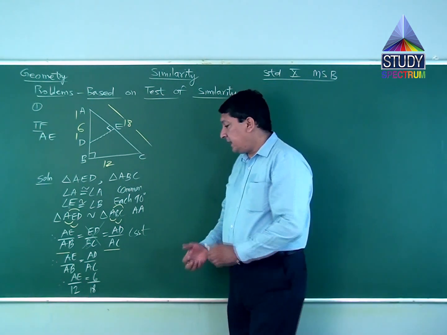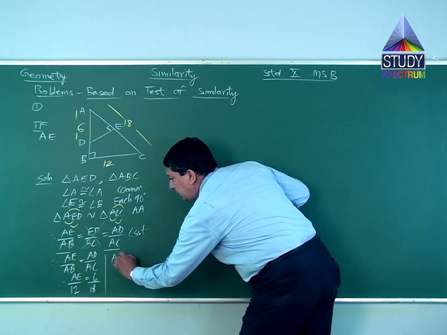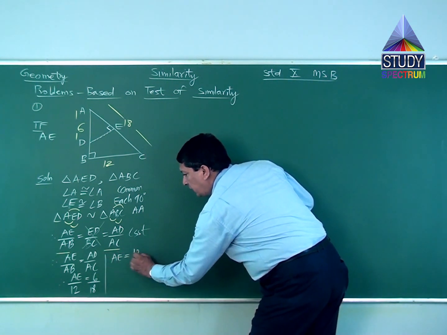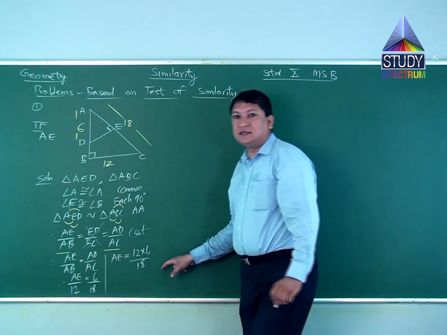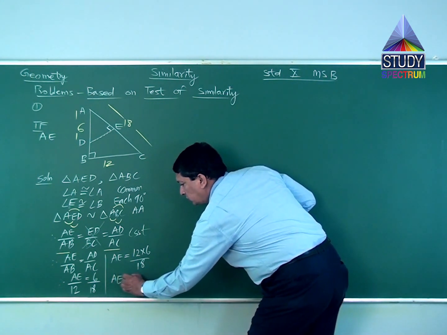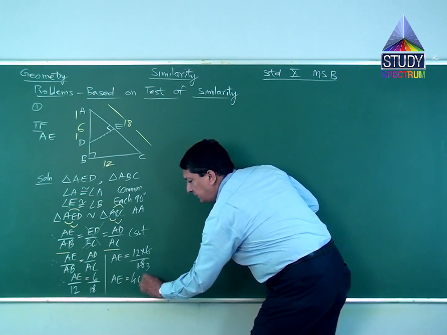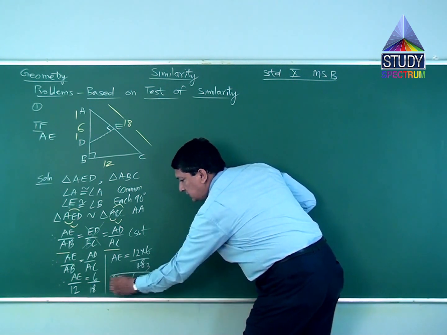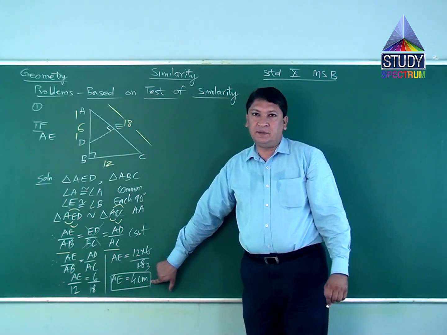Therefore, AE equals 12 into 6 upon 18. Therefore, AE equals, 6 threes are 18, 3 fours are 12, 4 centimeters. This is the answer. AE is 4 centimeters.